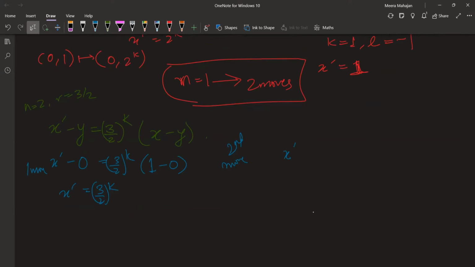You get x prime minus 3 over 2 to the power k is 3 over 2 to the power L times 0 minus 3 over 2 to the power L. Hence you get x prime is 3 over 2 to the power 8 times 5 minus 3 over 2 to the power.